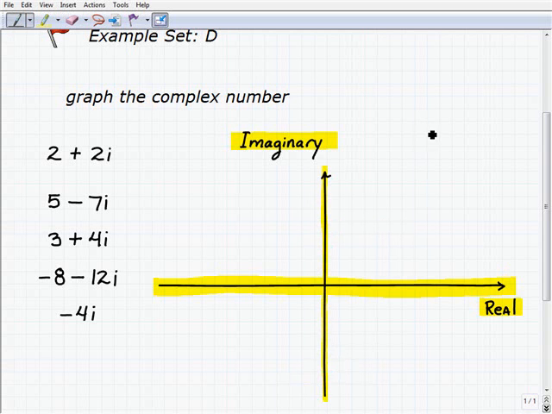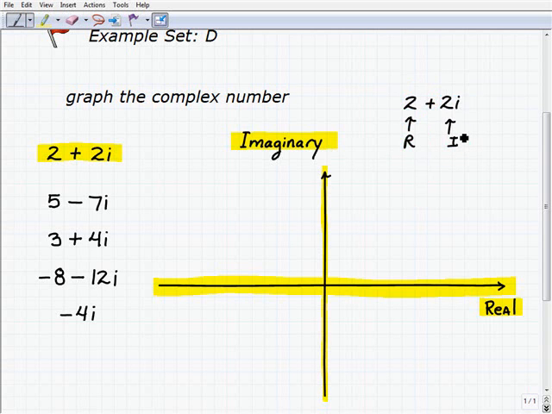So let's go ahead and start with our first one: 2 plus 2i. Just to do a quick review, you're going to plot 2 on the real number axis, and then you're going to plot 2i on the imaginary axis.